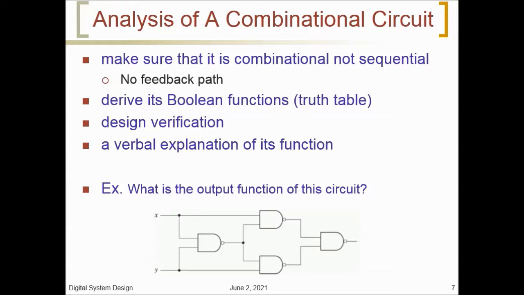The success of such an investigation is enhanced if one has previous experience and familiarity with a wide variety of digital circuits. To obtain the Boolean functions from a logic diagram, we proceed as follows.